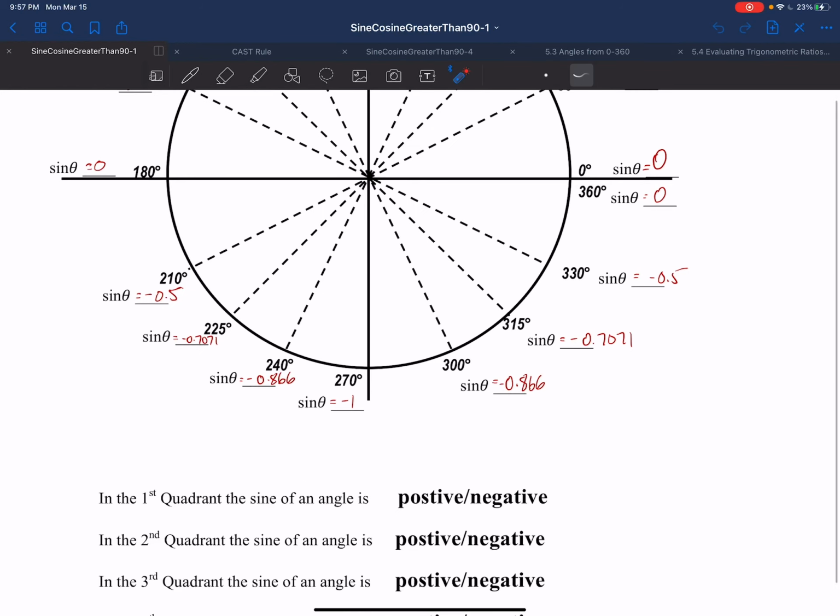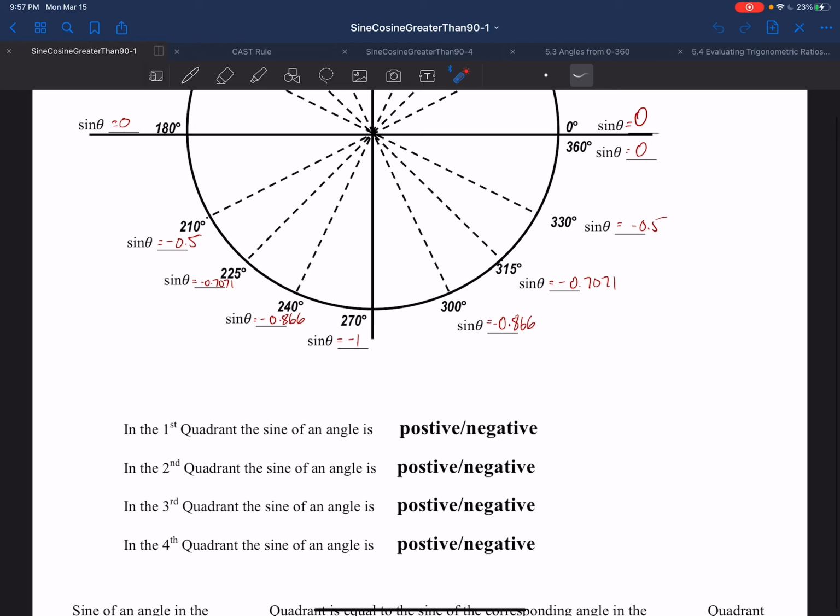In the first quadrant, the sine of an angle is positive. In the second, it's also positive. In the third quadrant, it's negative, and in the fourth quadrant, it's negative. So the ratios are the same, but their signs are different.